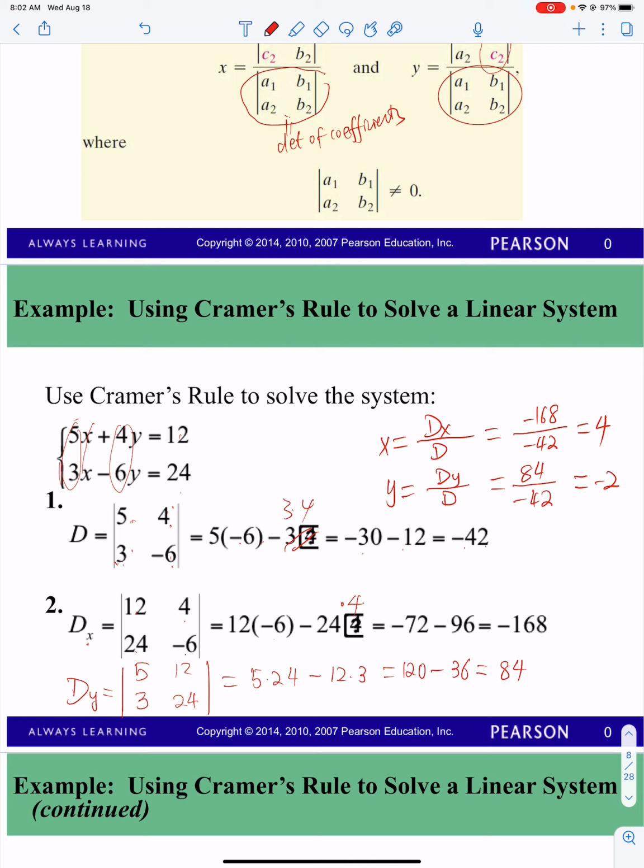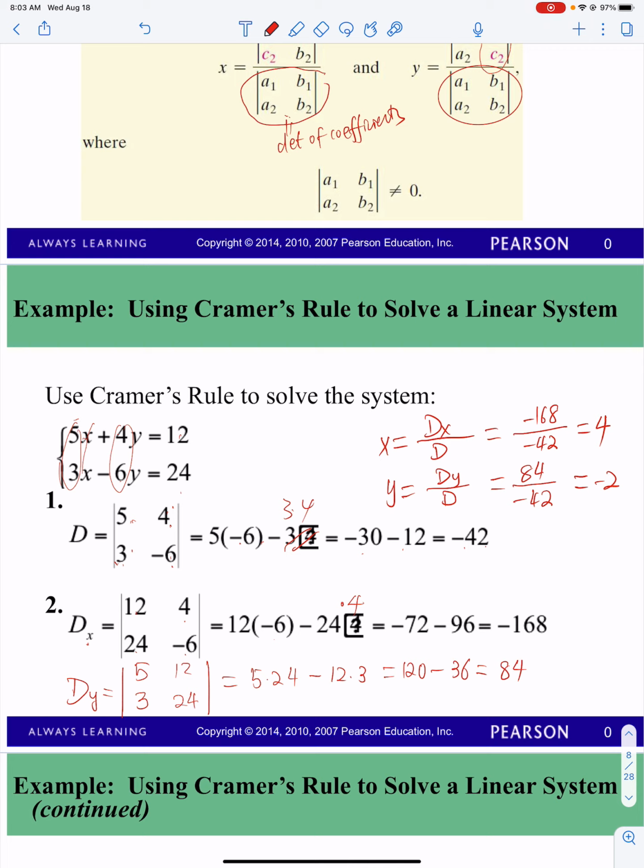Actually, Cramer's rule is not so easy for a 2 by 2 matrix, but it will be super easy for higher order. If it's a 3 variable system, or 4 variable or 5 variable, it will be much easier. And Cramer's rule was also constructed for computer science, because we can always use matrices to code and decode.